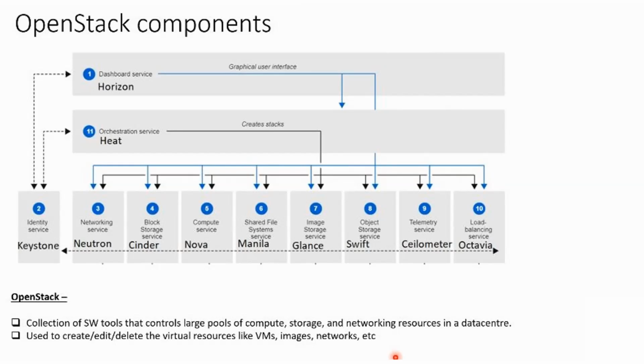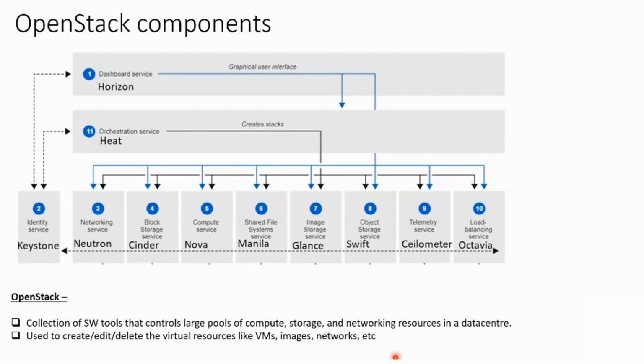So here are some of the primary components. Some of them we will cover. On the top, we have Horizon. Horizon is the GUI or the dashboard. Here it is an orchestration service, and followed by identity service. Identity service, today we'll try to dig a little bit deep into Keystone. It is the identity and the access management. Then we have Neutron networking service.